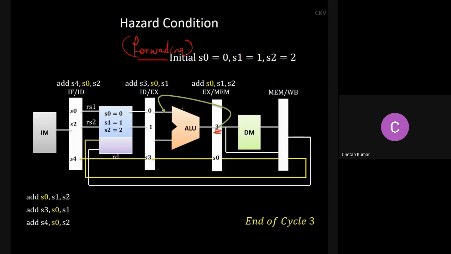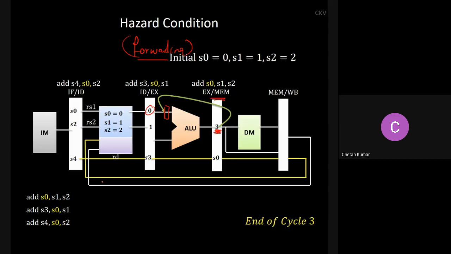That is why it is called forward. But in the data path, if you see the space visualization, you'll actually be sending the data from the output of the ALU, or from this register, to the input of the ALU. That is what forwarding actually means. There might be a multiplexer here which will select this data instead of this data, which is the old value.